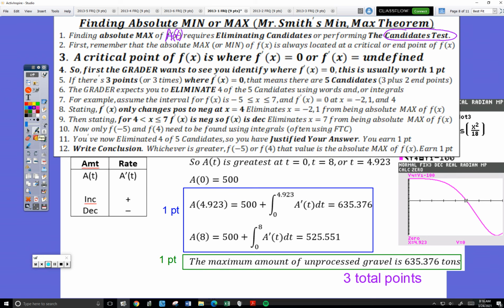So the maximum amount of A here is always located at a critical or end point of A. Critical point of A is where A prime is equal to 0, or A prime is undefined.